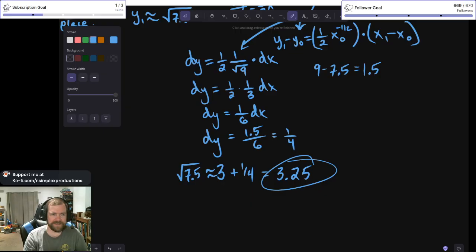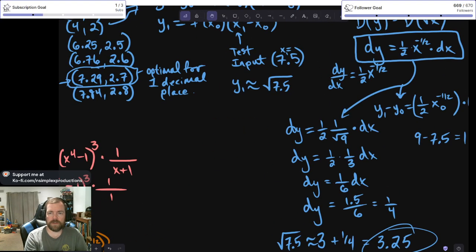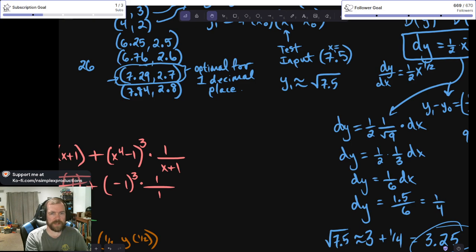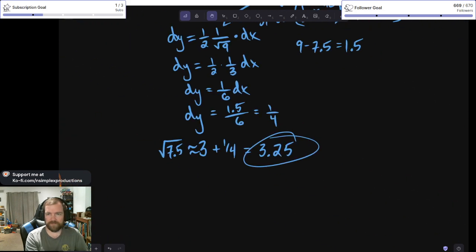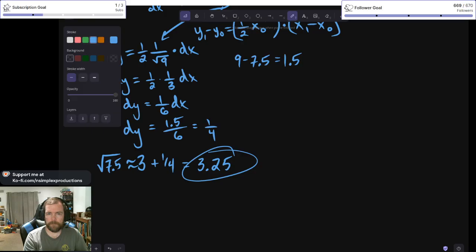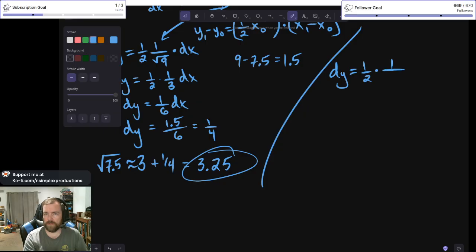If we want to go with the other number, so 7.29 with 2.7, we'll go dy is equal to 1/2 times 1 over the square root of the nice number, which was 7.29, dx.